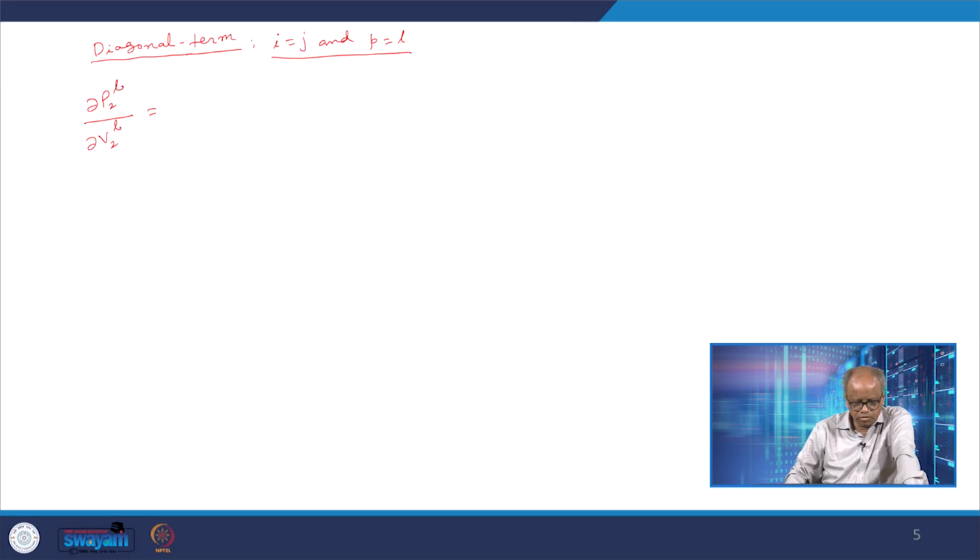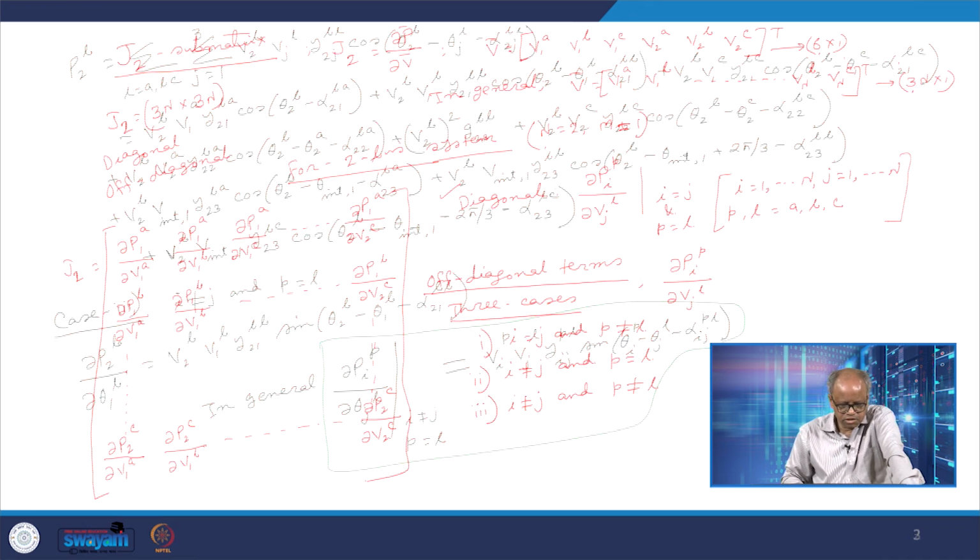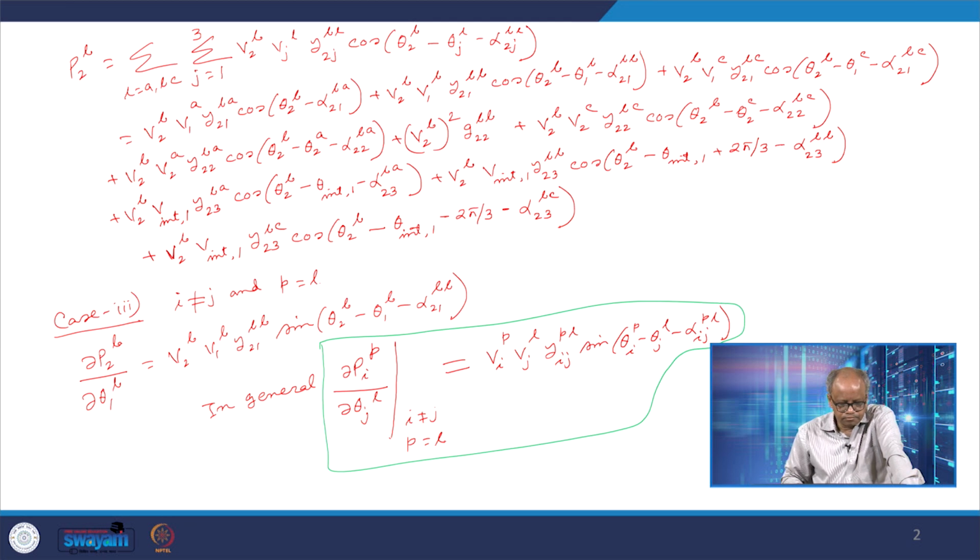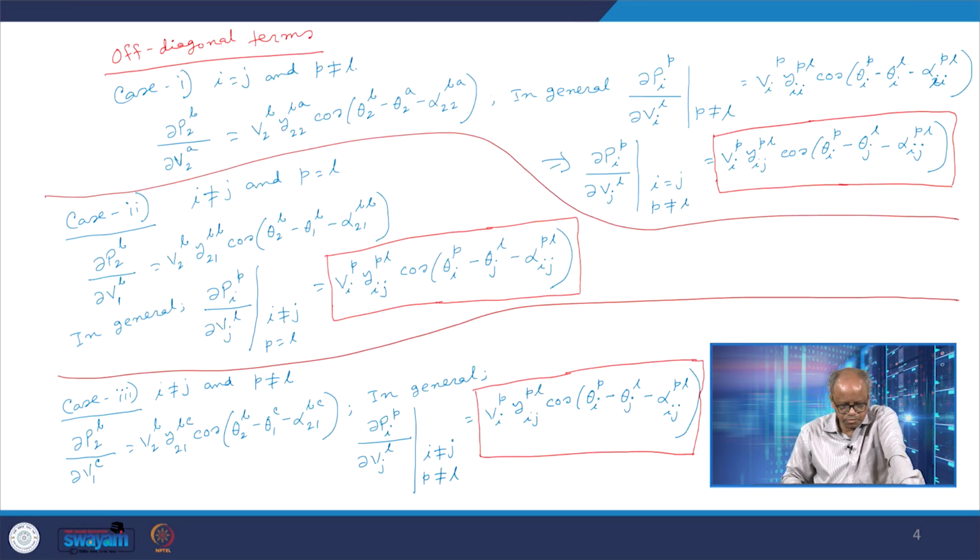So it would be V1A Y21BA then cosine theta 2B minus theta 1A minus alpha 21BA, right, for the first term, and theta 1 is 0, so it will be theta 2B minus alpha 21BA.